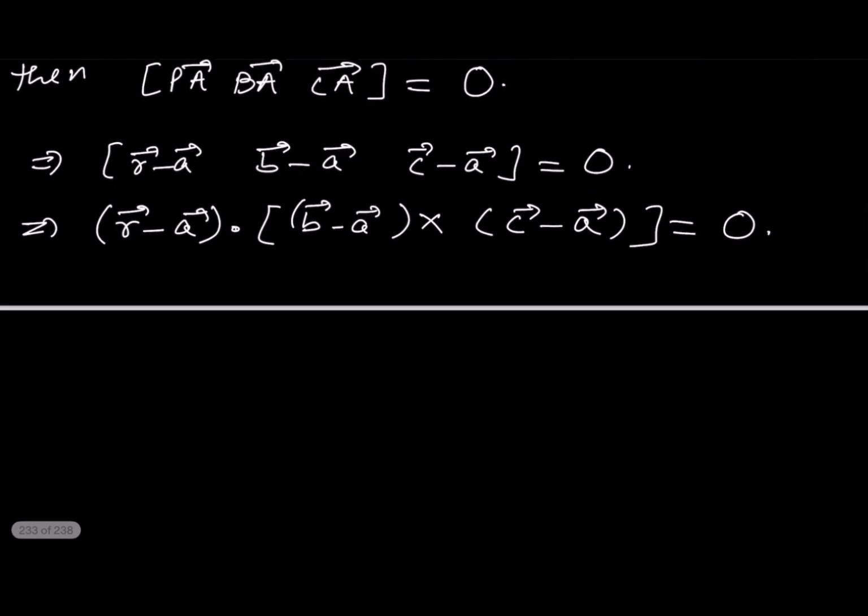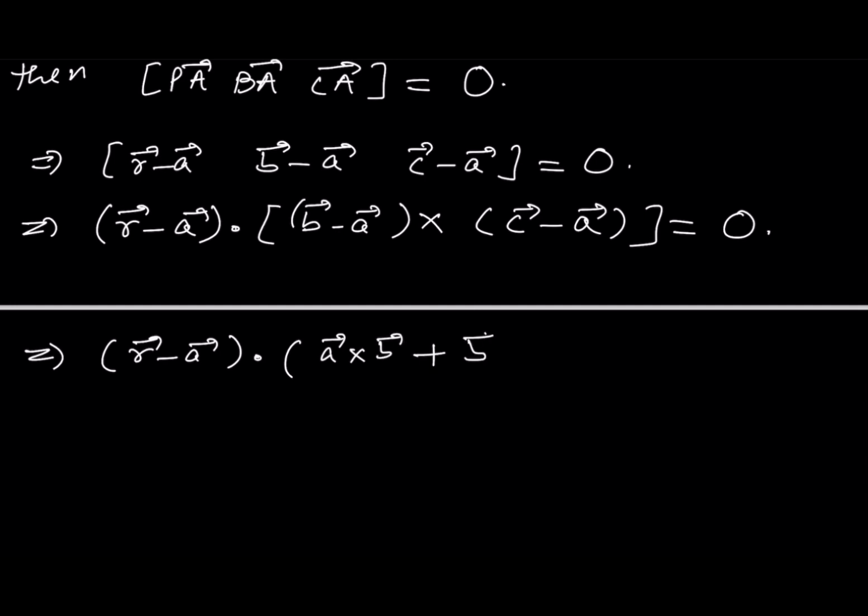Or this can be written inside a big bracket or square bracket. If I write down the cross product, or if I distribute these over B and C, then this will become A cross B plus B cross C plus C cross A is equal to 0.